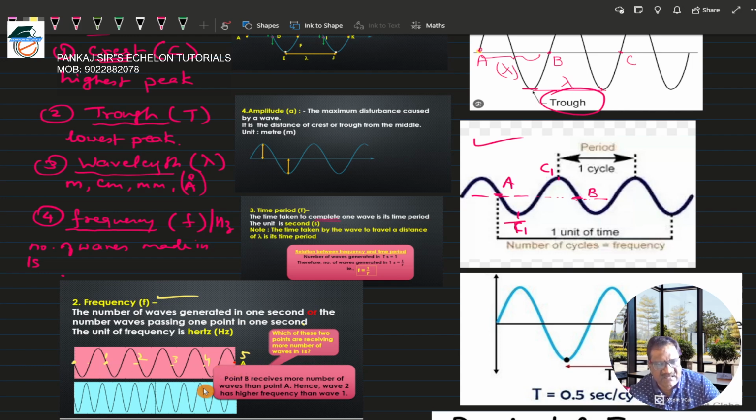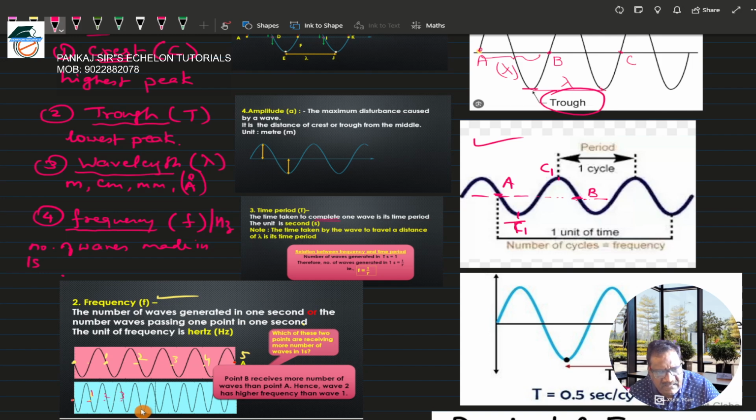Now suppose the wave shown at the bottom is also made in 1 second. Let us count how many waves there are. Starting from here, this will be 1. Let me use this red pen. This is 1, then this is 2, this is 3.